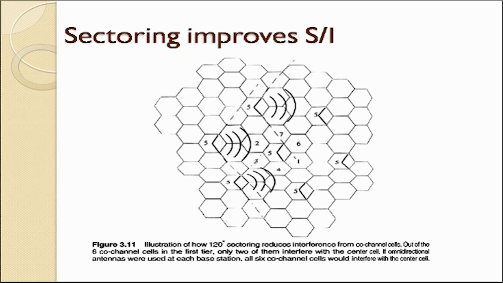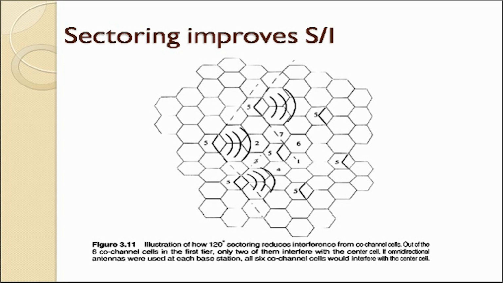Here I mention some disadvantages of sectoring. The first one, each sector is nothing but a new cell with a different shape, because channels have to be partitioned between the different sectors of a cell. The next one, sectoring reduces the coverage area of a particular group of channels, which results in a larger number of handoffs. The third one, it decreases the trunking efficiency.